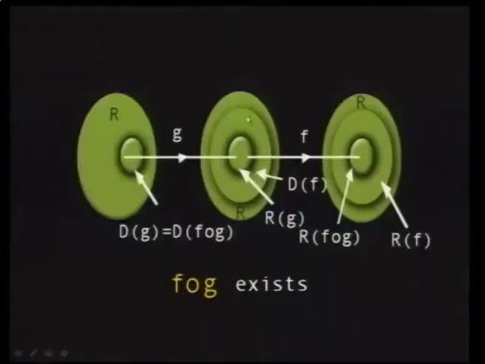So here, the bigger circle in the middle represents the domain of f. All of the range of g lies in the domain of f, and therefore all that you get from here can be accepted, and you get at the end the range of f circle g.